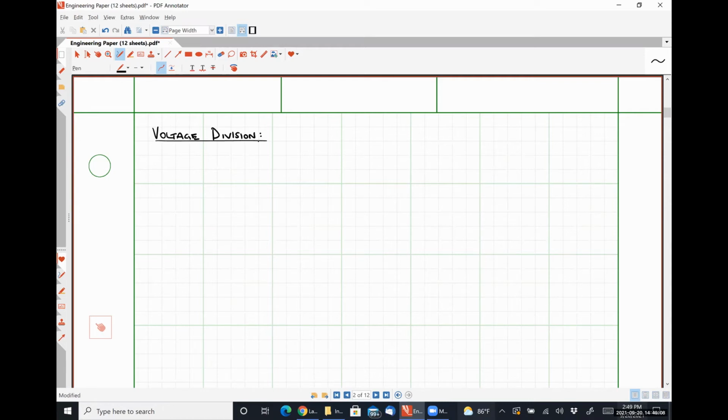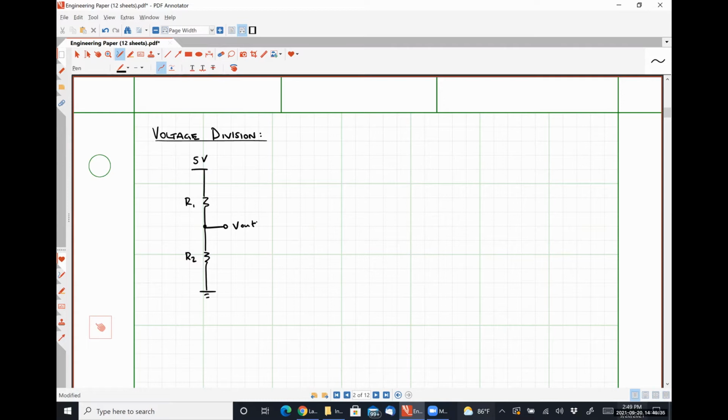So in your engineering 120 class, your voltage divider circuit probably looked something like this. You had your 5 volts from your Arduino, and then a resistor in series with another resistor. Let's call this guy R1, this guy R2, and then this was your output voltage, which was usually connected to some analog pin.